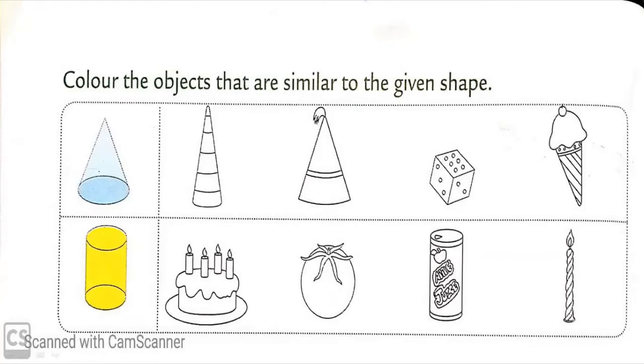So this is the cone shape object. Which shape is this? Cone shape. So which are the similar shape objects in this column? Look at that properly. Is this similar? Is this or this one? This is the similar object to this shape. Okay.